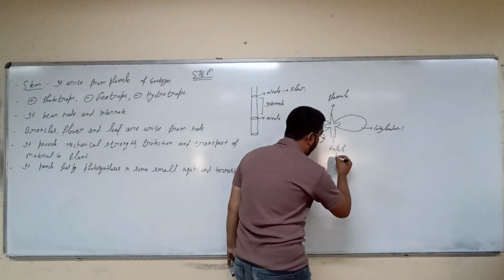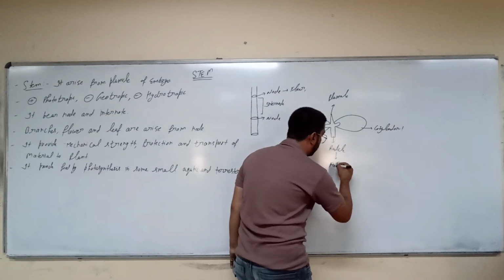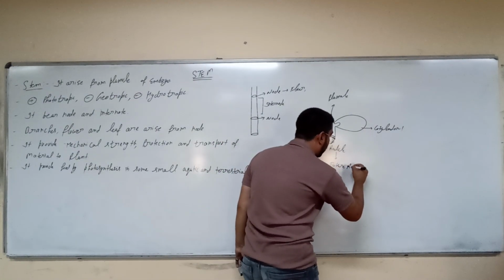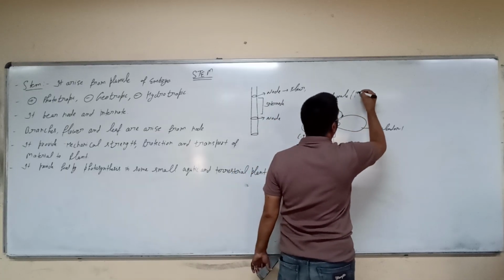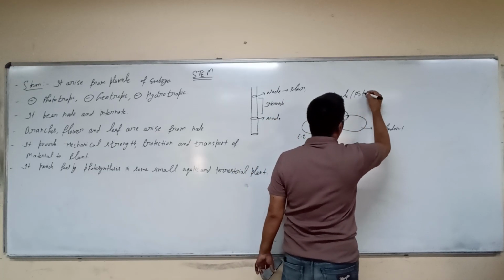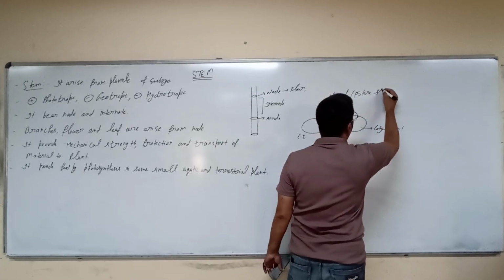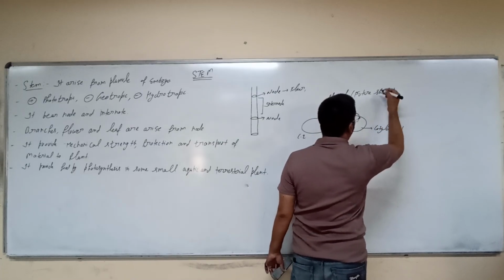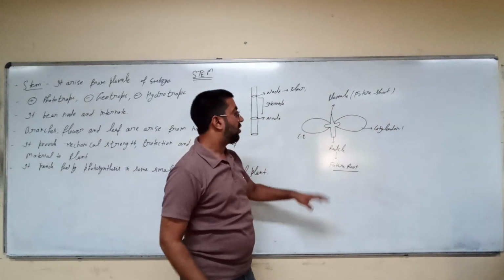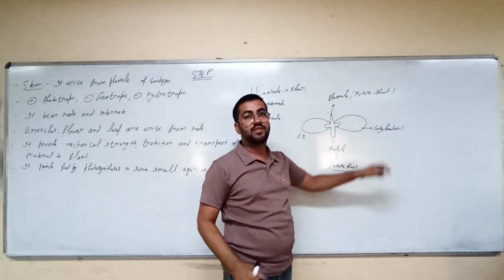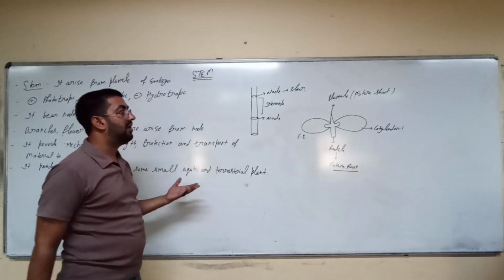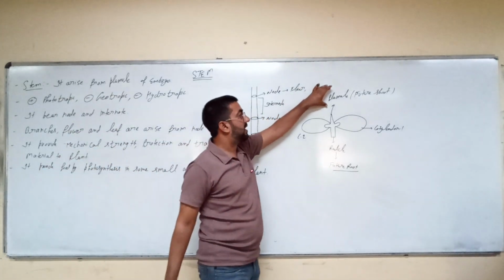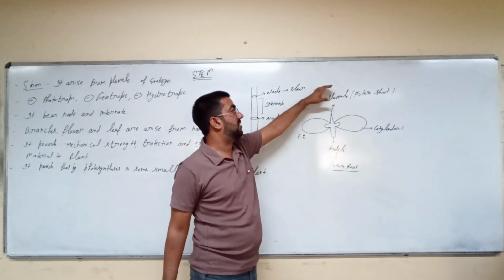Radical makes the future root, and plumule is the future shoot. The cotyledons provide food reserve material for the new germinating seedling. So this portion makes the stem, the shoot system.